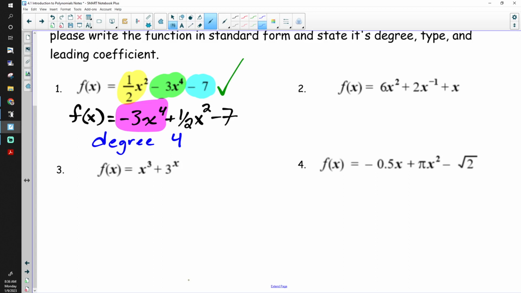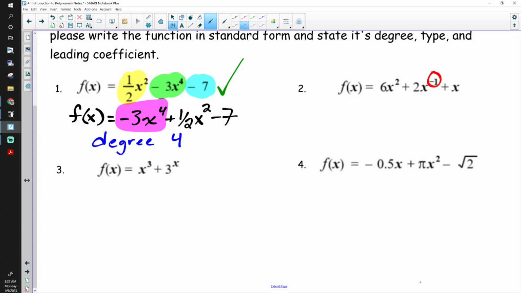When you look at number 2, just looking at it, what's the biggest issue you see? Look at one of our exponents. Are you allowed to have any negative exponents?